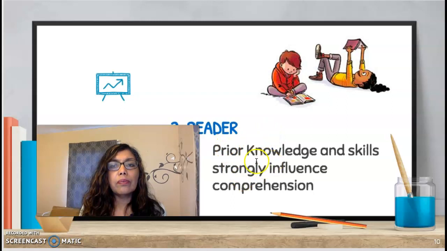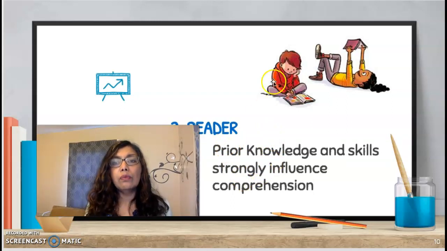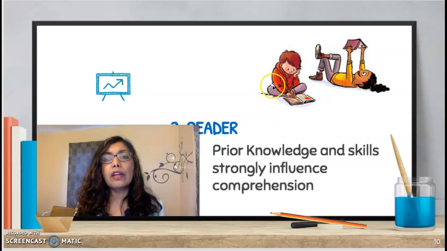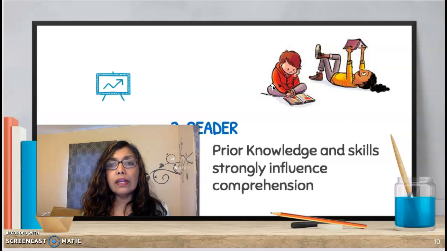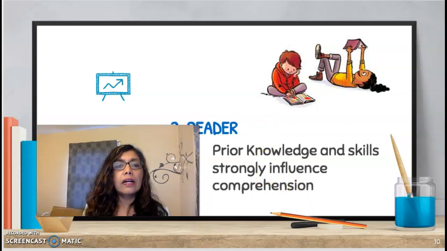So what are the prior knowledge and skills? Basically what the reader knows, his prior knowledge, his gaps, how he decodes, how fluently he reads, what vocabulary he knows, all that influences comprehension. So we talked about that in the past.